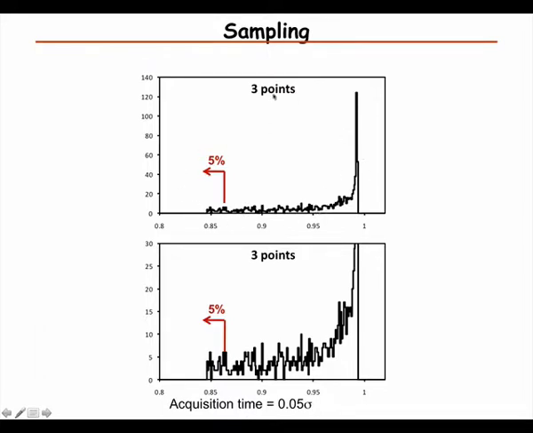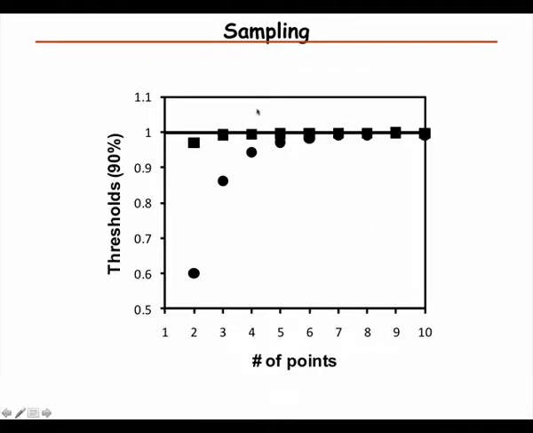So even with just 3 points, we can get a reasonable estimate. And when we come up to 4 points, we probably get a good estimate more than 95% of the time, and so on.